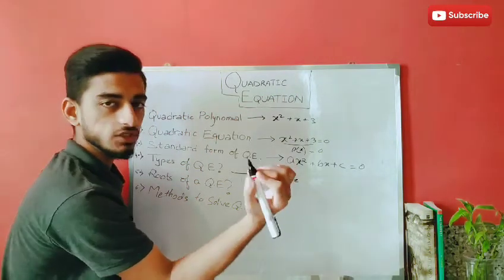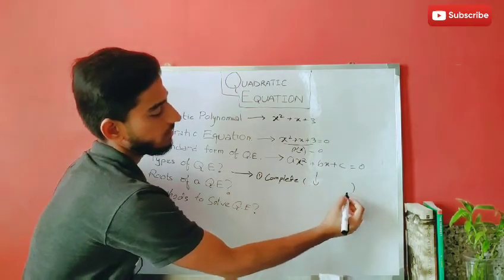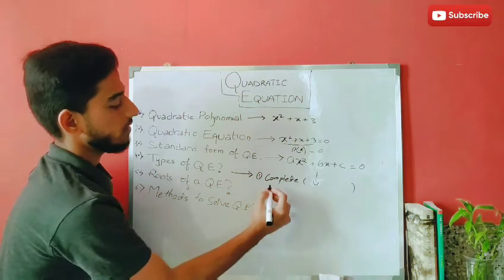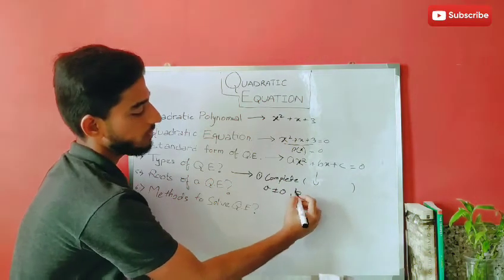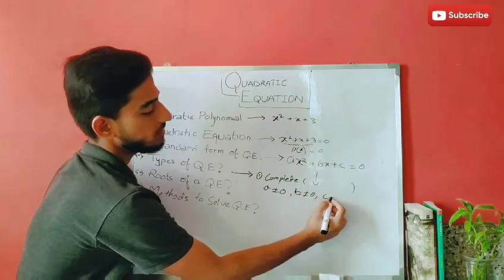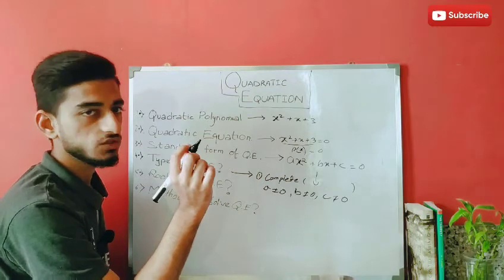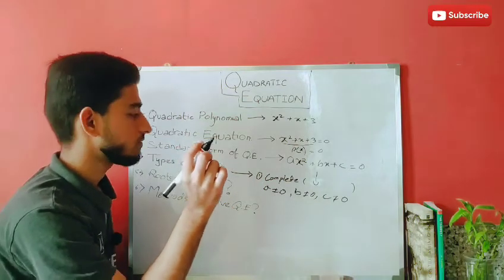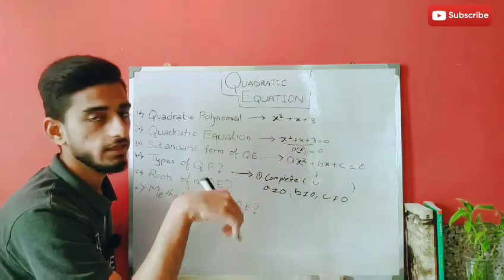This is the standard equation only, where a should not be equal to 0, b should not be equal to 0, and c also should not be equal to 0. Understood?